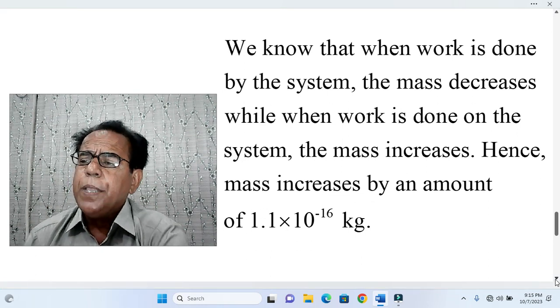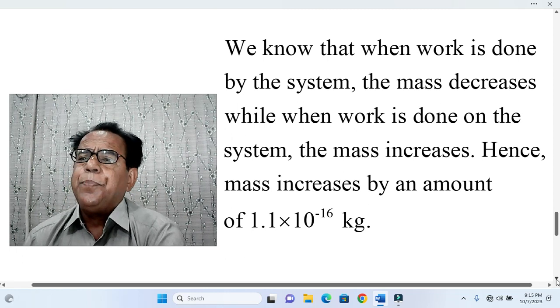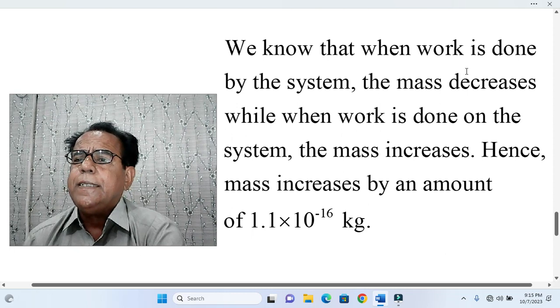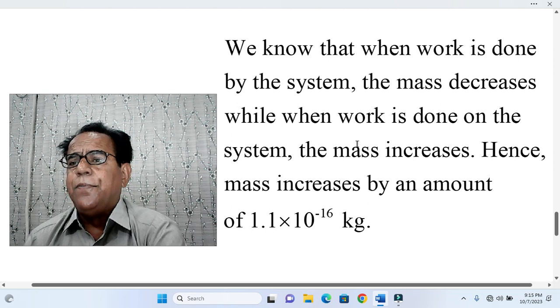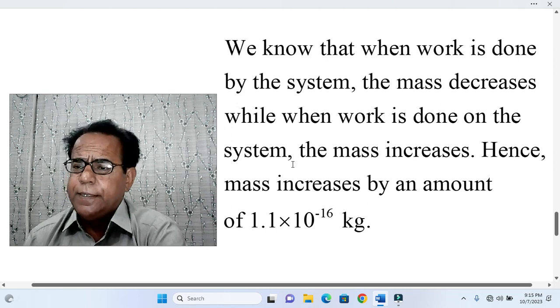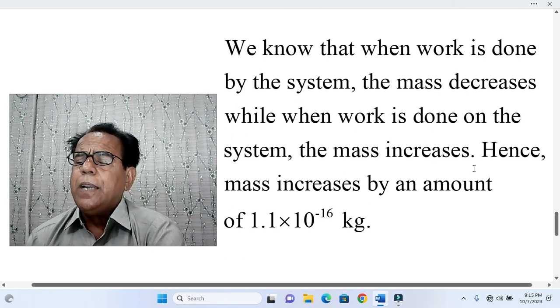In answer to this question, we know that when work is done by the system, the mass decreases, while when work is done on the system, the mass increases. In view of this philosophy, our answer is that mass increases by an amount of 1.1 into 10 raised to the power minus 16 kilogram.